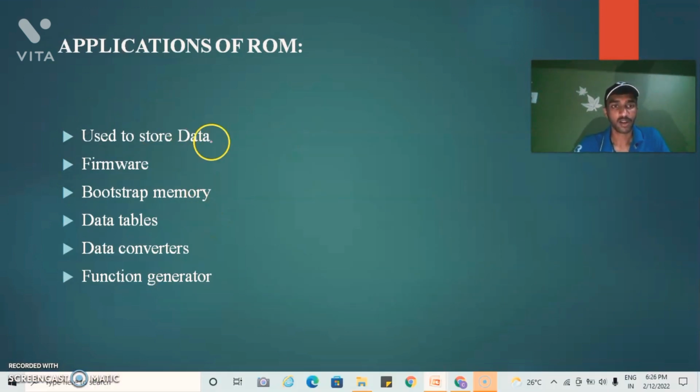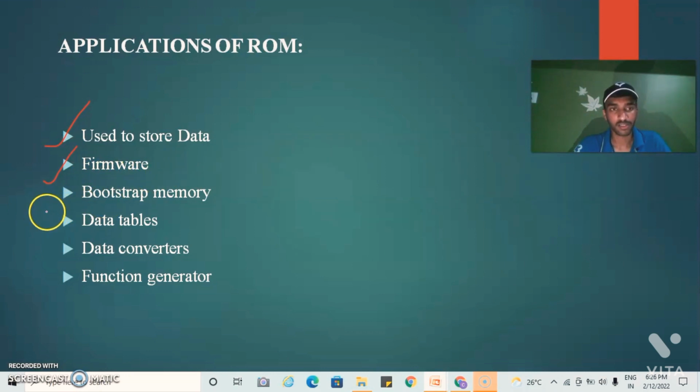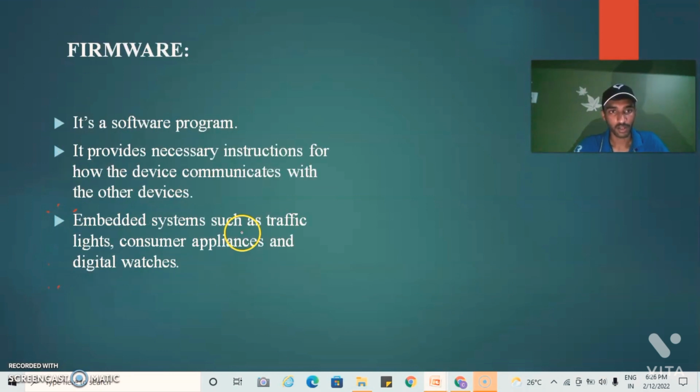Applications of ROM. The main use is to store data, and in some cases it's used to store firmware software, boot memory, data tables, data converters and function generators also. These are the applications of ROM.